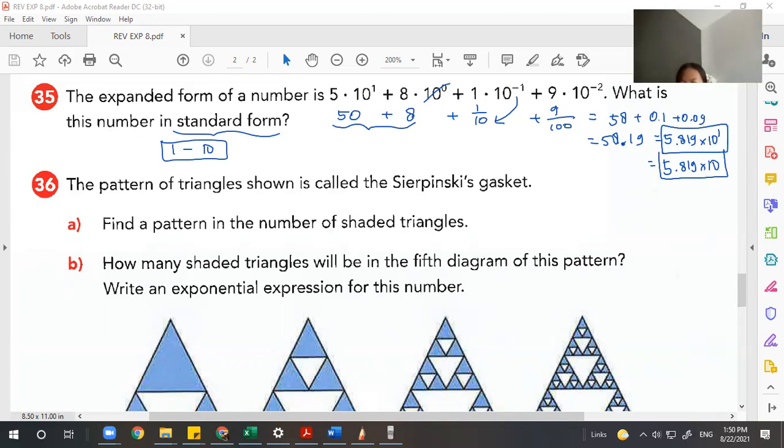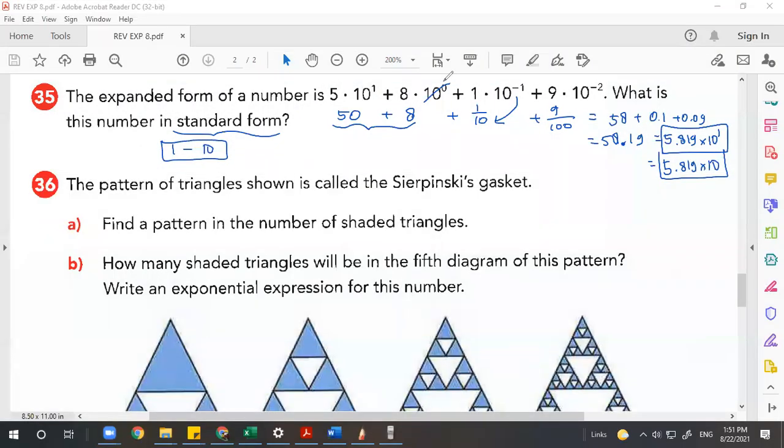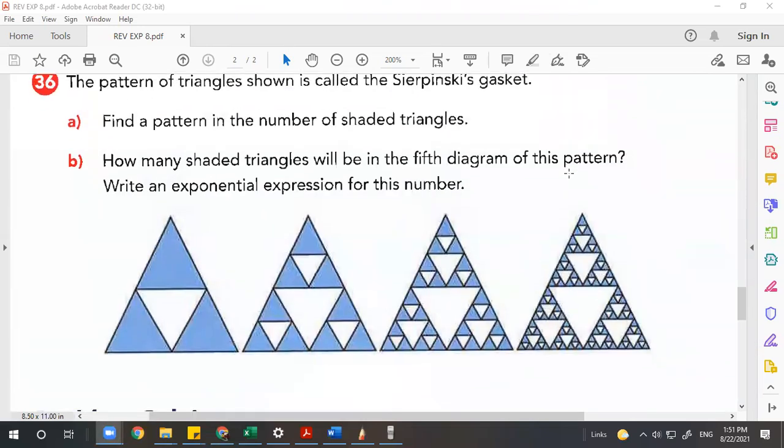Any questions so far? No. Okay, nice. Now we look at the pattern. Okay, I think I need to print screen this. Wait. I have to go down like this.